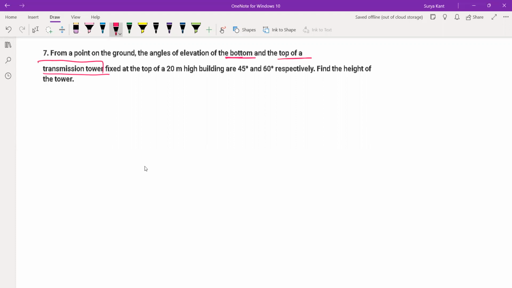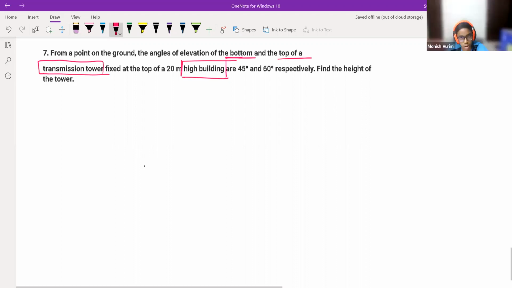One is the tower over here, and the second is the building. Two things are there: building as well as tower. So which is taller, tower or building? Sir, building.